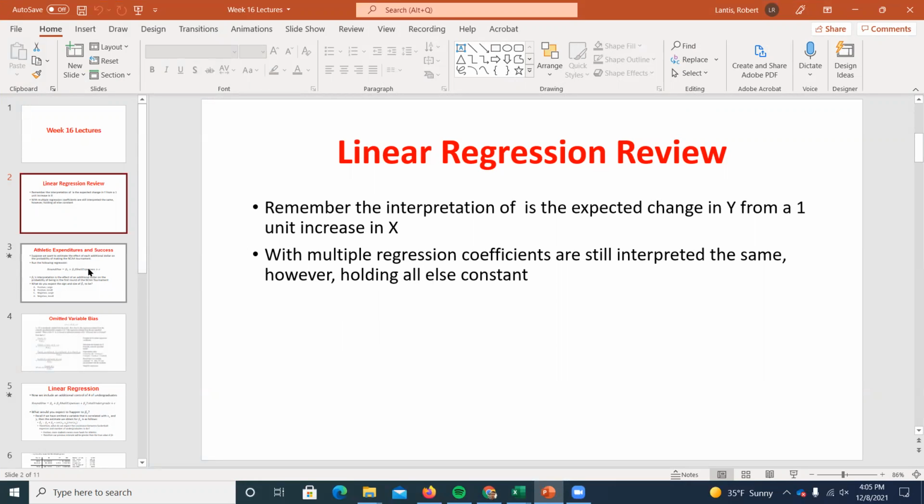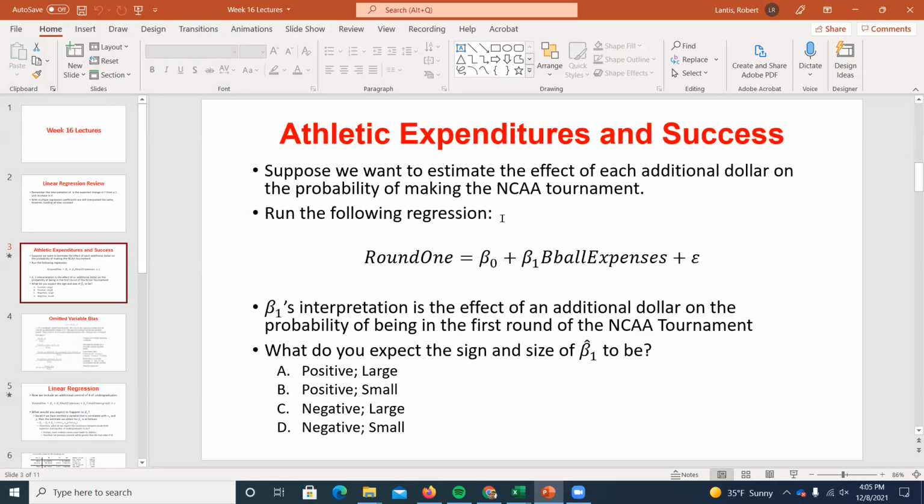All right, so it gives us a lot more power. So I'll give this broad idea. I had some interest in it at one point. There's some work out there that's been done on it. But we'll look at, based on the data we have, what our conclusions would be related to athletic success and athletic expenditures.